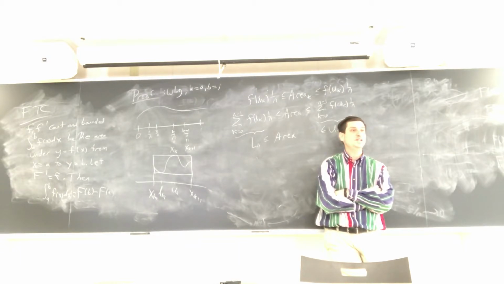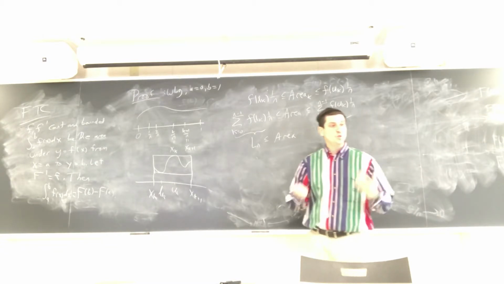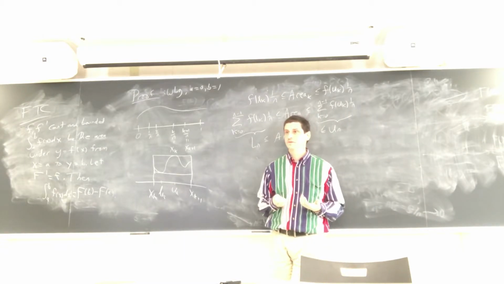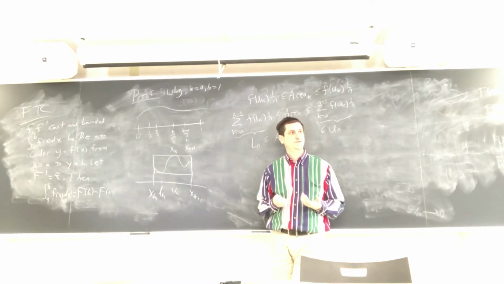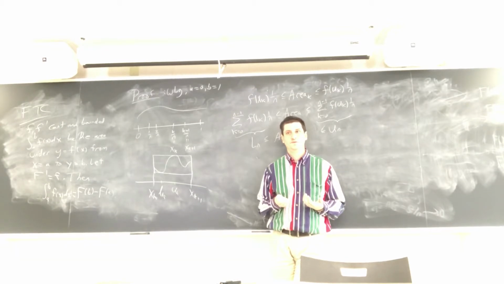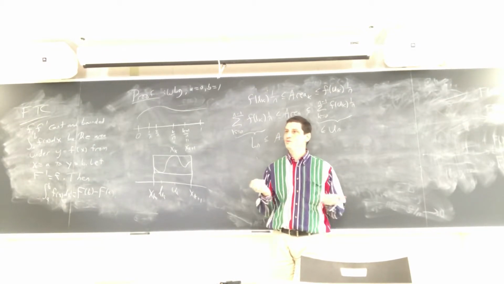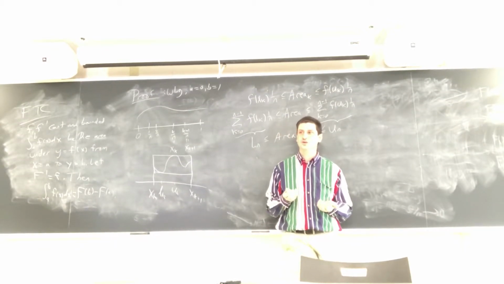Now, one of the things that can be a little bit annoying is as n gets larger and larger, what would you like the lower sum to converge to? As you take more and more points, what should the lower sum converge to?